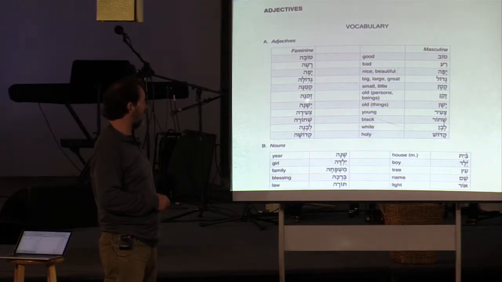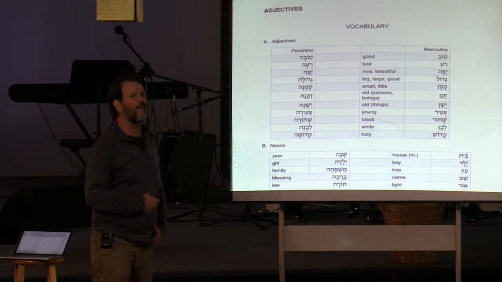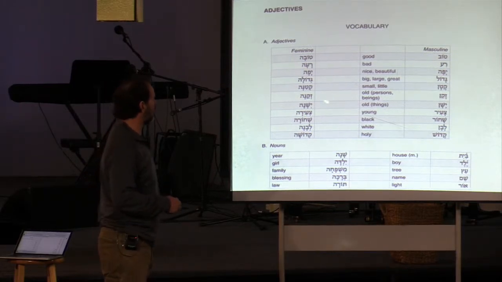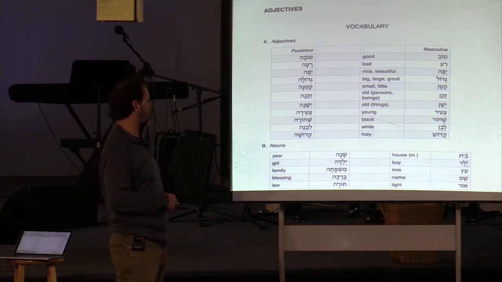Now there's going to be some vowel changes here because of the way it's pronounced, okay? And you're going to get used to this, so don't try to memorize it right now necessarily.